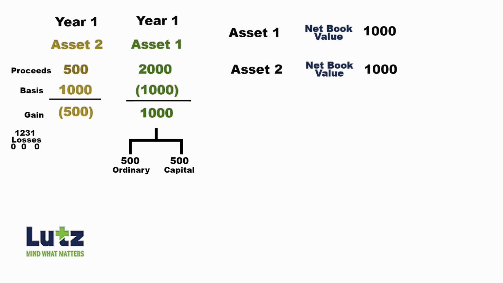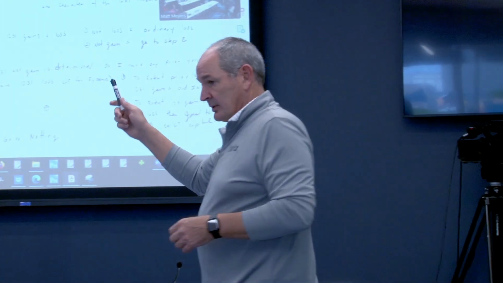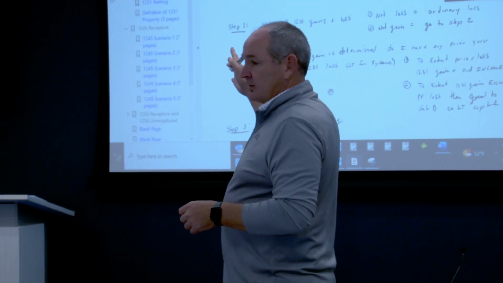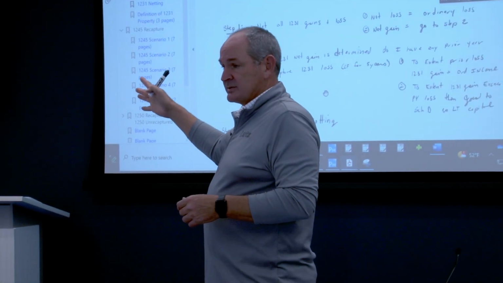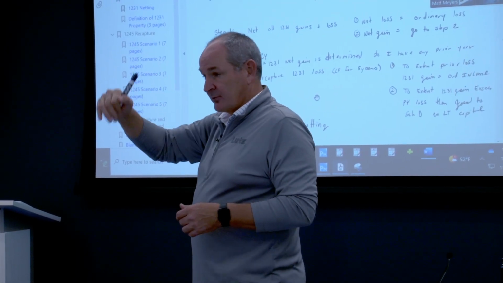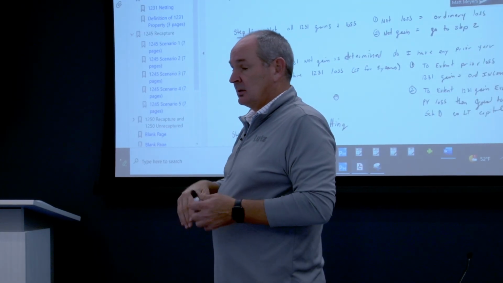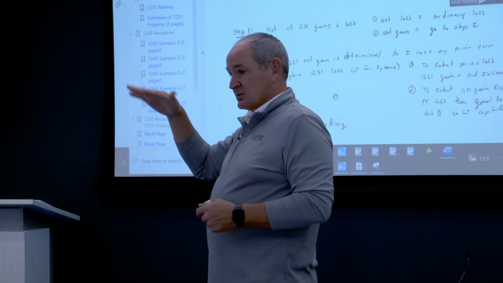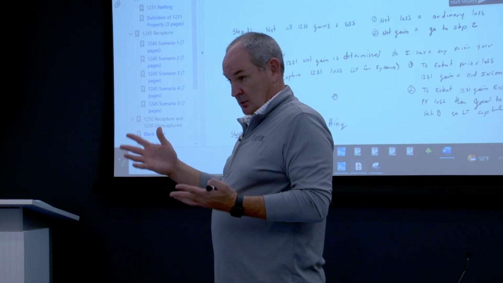Okay, so step 1 is, I'm going to call it the Ali and Chris rule. To the extent you have 1231 gains exceeding losses, it's capital, except for the netting part that we just talked about. Or the Chris rule that says if losses exceed gains, it's ordinary. Right?